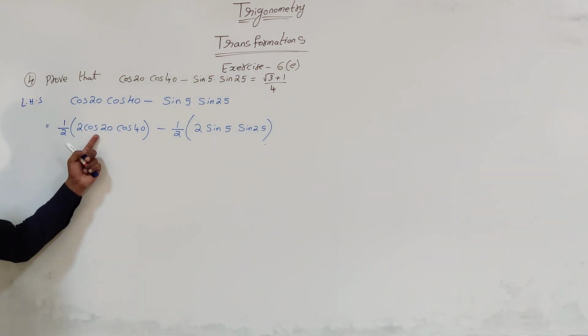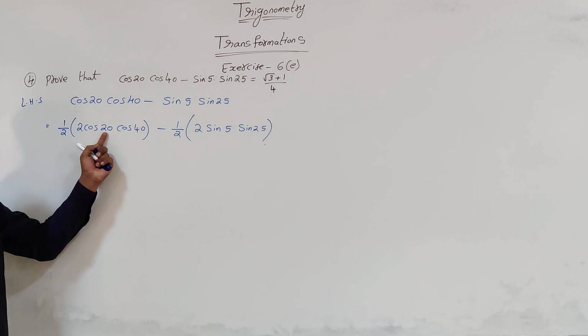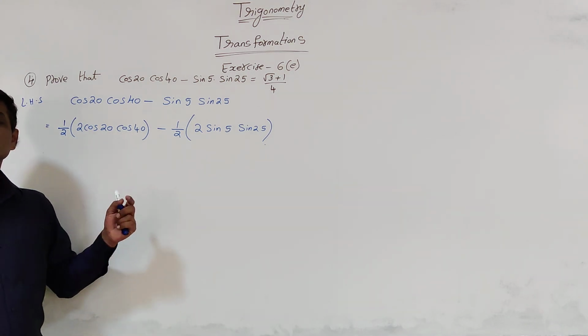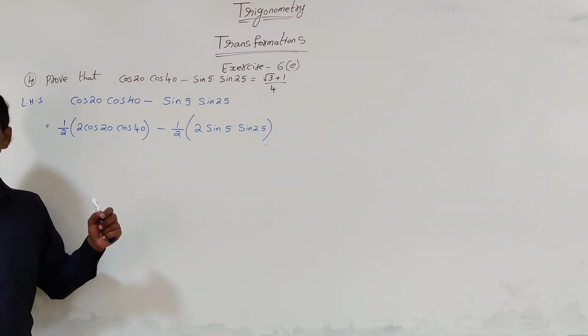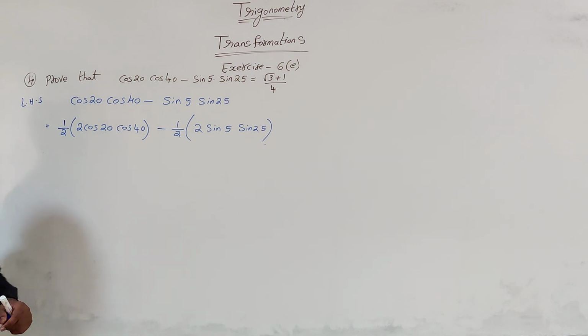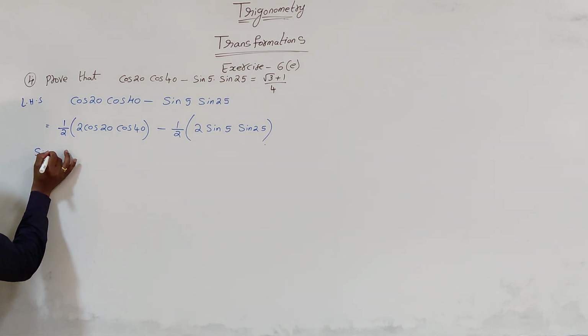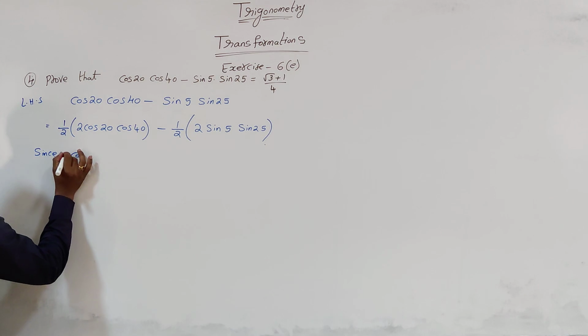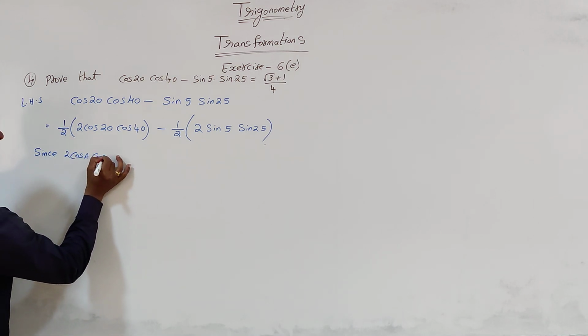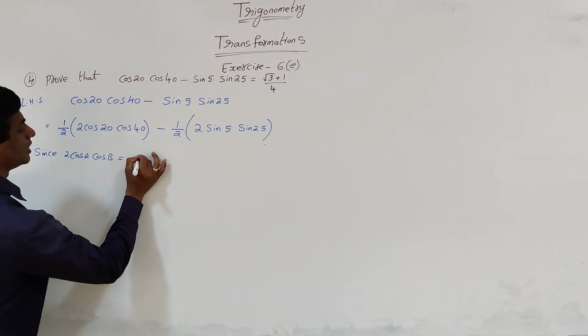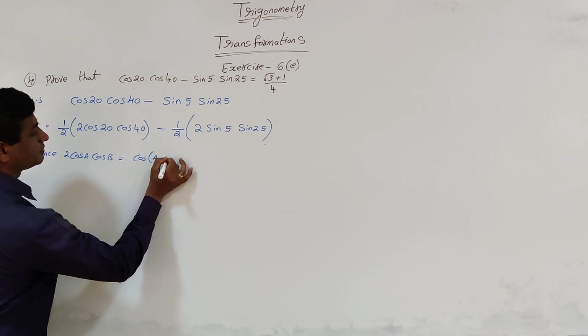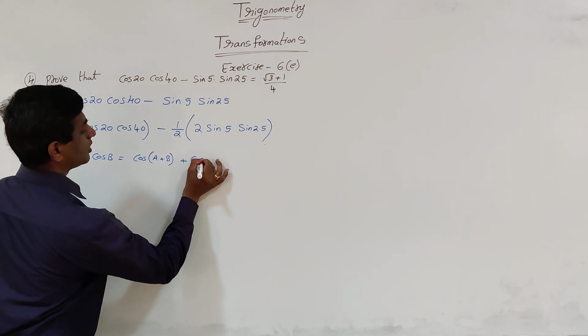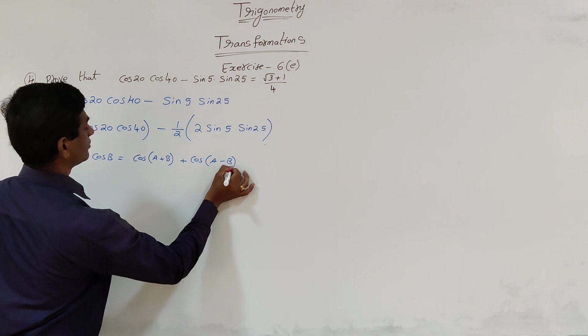Now it is a product. It is in what form? 2 cos A cos B. What is 2 cos A cos B? 2 cos A cos B can be written as cos of (A plus B) plus cos of (A minus B). That is it.